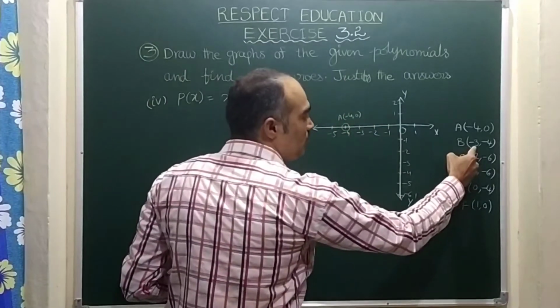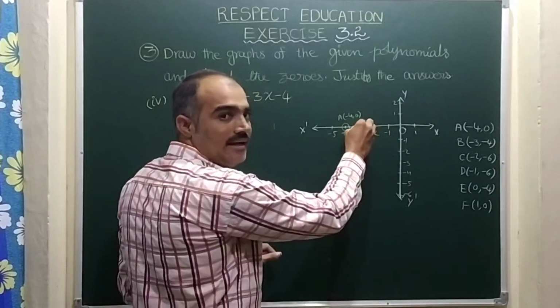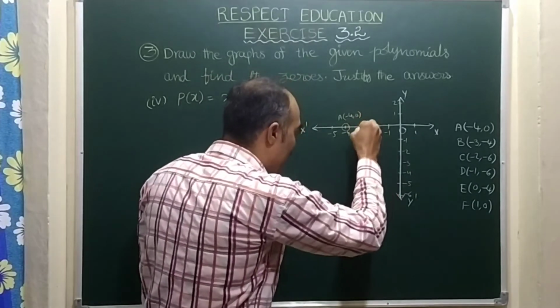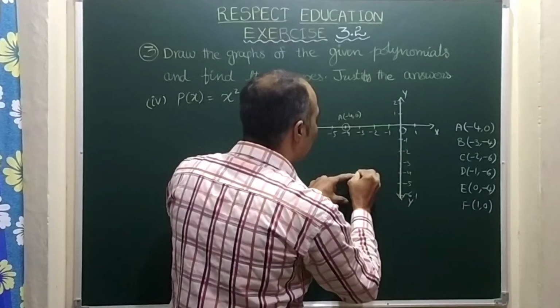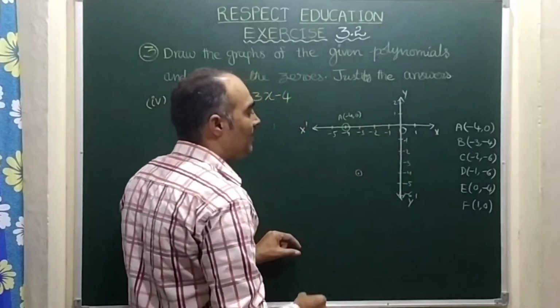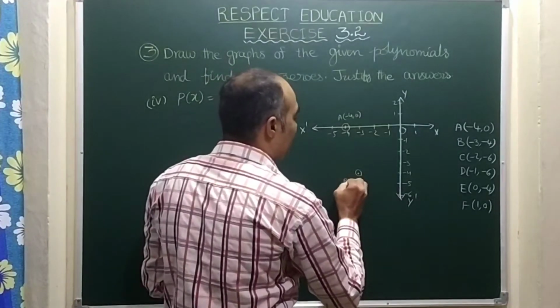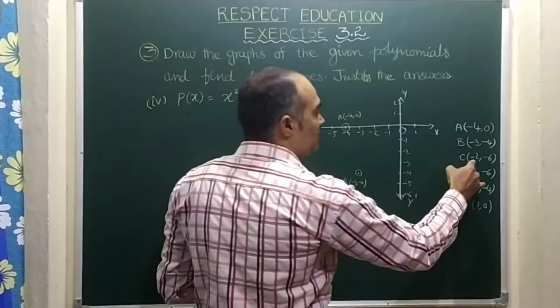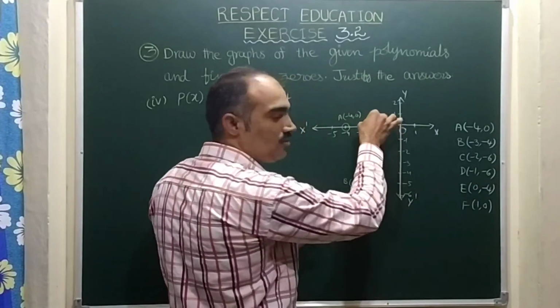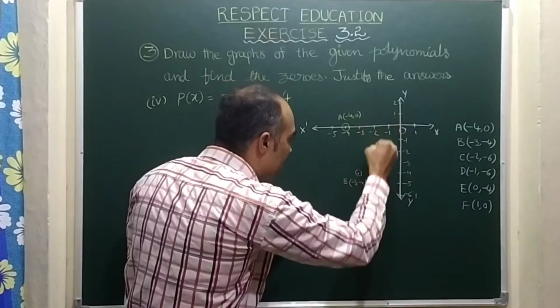Now the bike is to be at minus 3. Minus 3 ready. Then the next value is minus 4 means below here. You see this is minus 3 minus 4. So here this is B. Here I am taking this point as B. This is minus 3 comma minus 4. Now C, that is minus 2. Minus 2 ready. I should go to minus 6 means here.